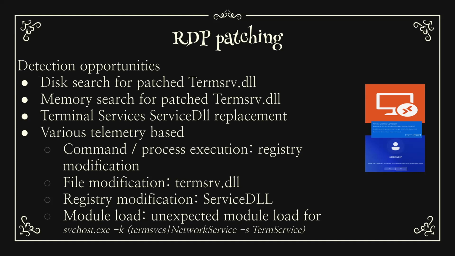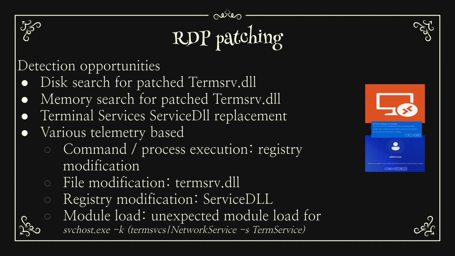So you can see on the screen now our detection opportunities. An example might be a disk search for the patched DLL, or a memory search for the patched DLL. We can also look for service DLL replacement, which is a little bit different than the patched DLL. In this case, we're looking for the service DLL maybe pointing in the incorrect place, where they could have, say, some malware that would load, or maybe even a DLL forward from an unexpected DLL back to the legit DLL.